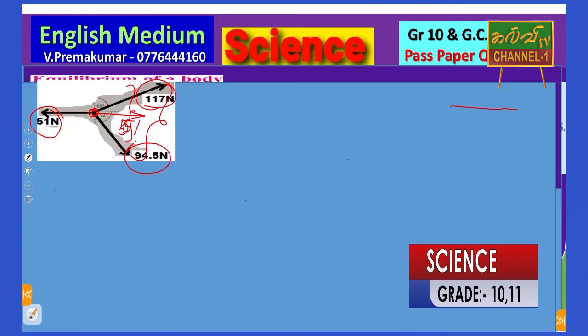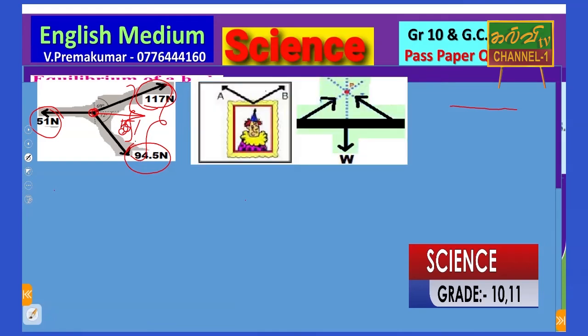Okay, the second one. Here three forces meet at a certain point. You can find a certain point, this one.